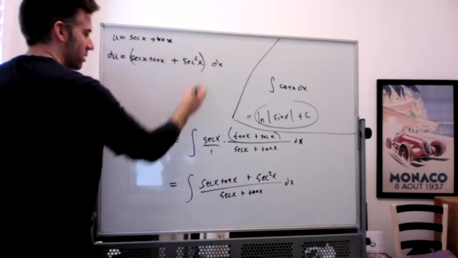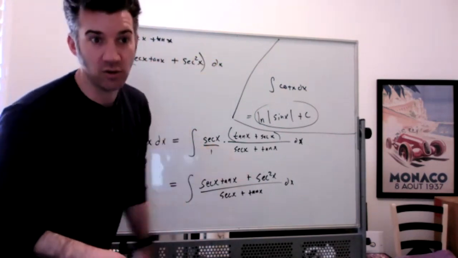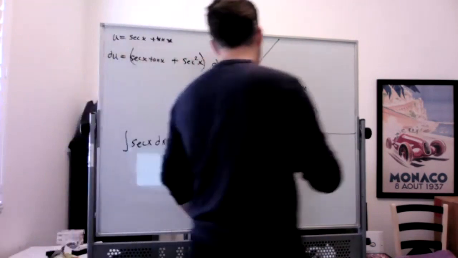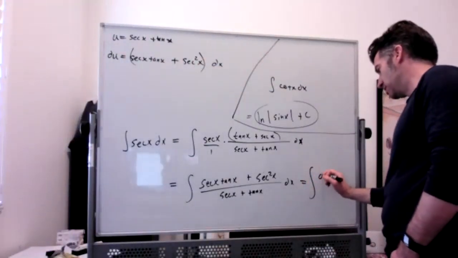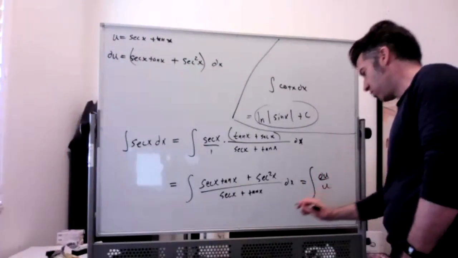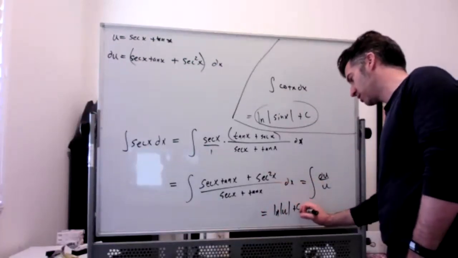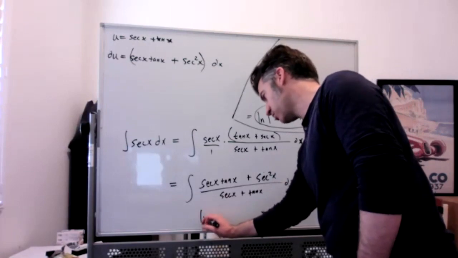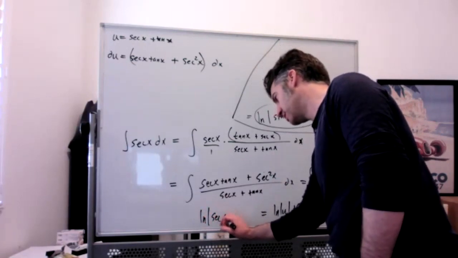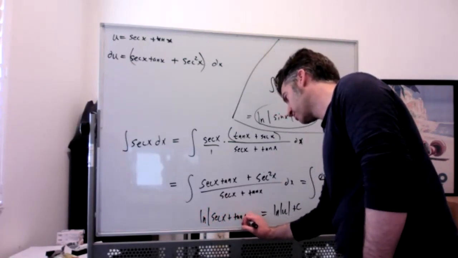But look, that's exactly the numerator we have. So this is exactly du over u, which is the natural log of the absolute value of u plus c, which is equal to the natural log of the absolute value of secant x plus tangent x.